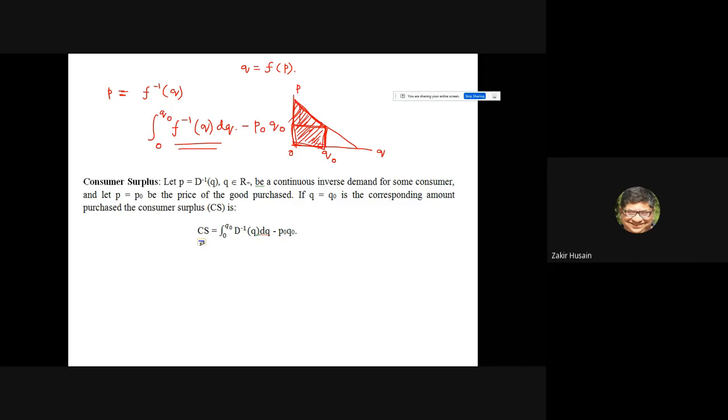So reservation price is this. What is the maximum amount you're willing to pay for so much quantity? For the second quantity, you're willing to pay this. So the reservation price is varying. You don't have one reservation price.